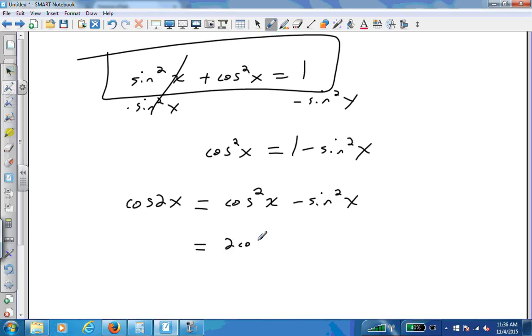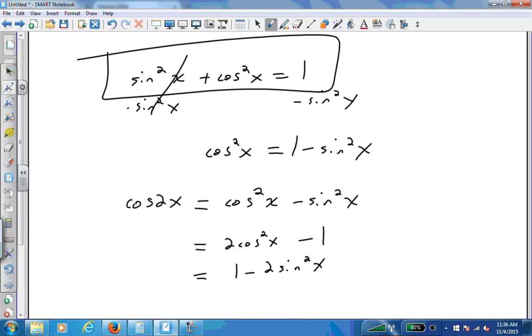We have 2 cosine squared minus 1, and we have 1 minus 2 sine squared. So if I have cosine of twice an angle, but I don't want to have twice an angle in my answer, then I can use this identity to reduce it from cosine of twice an angle to something of my angle, or one of my angles. This is called a double angle identity. It's also sometimes referred to as an angle reducing formula. We reduce our angle from 2x to 1x.